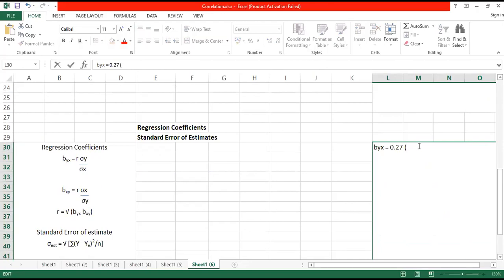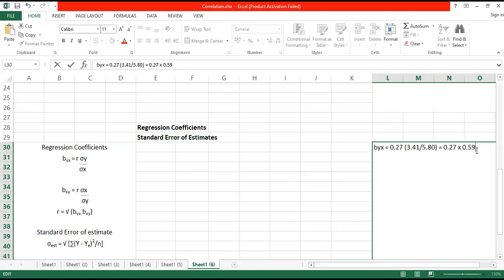So 3.41 divided by 5.80, right? So calculate 0.27 into 0.59, as if we divide these two, we'll get 0.59.